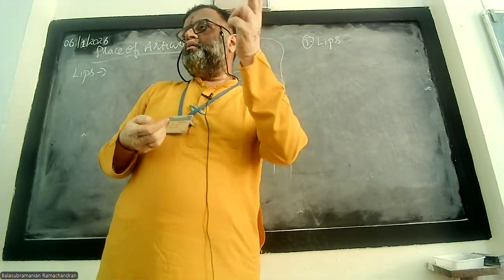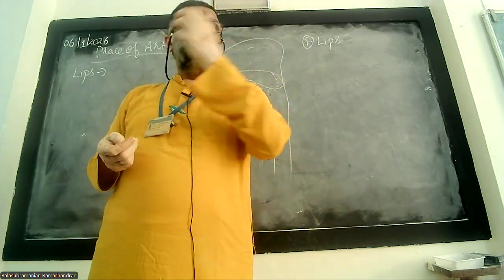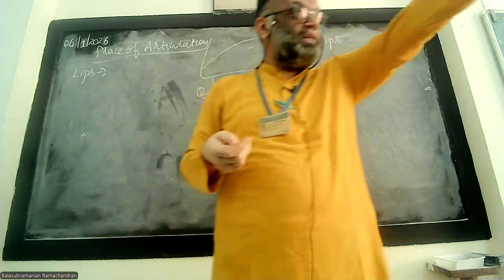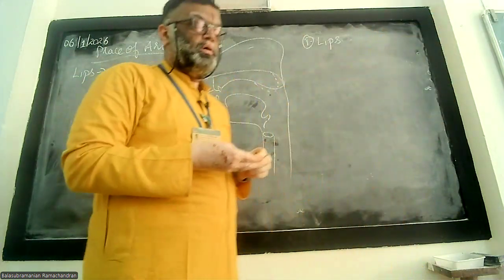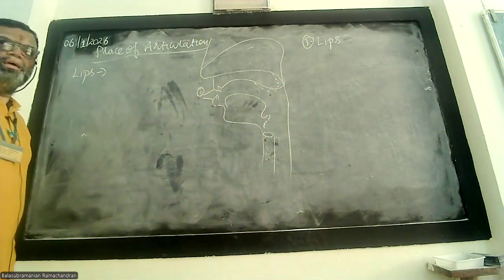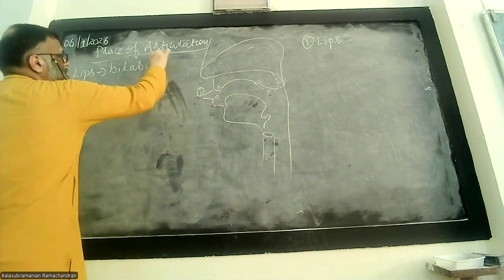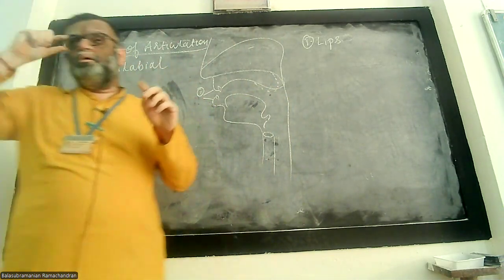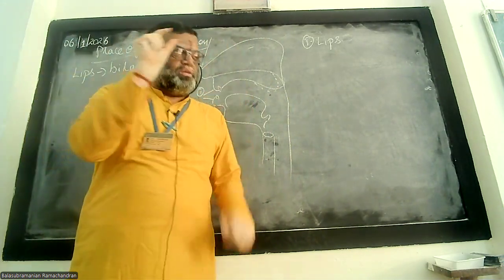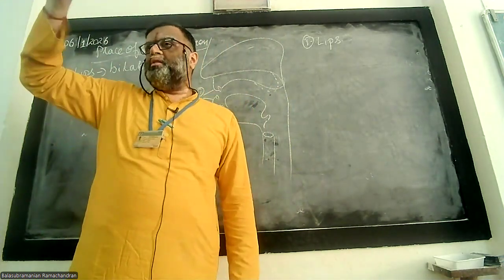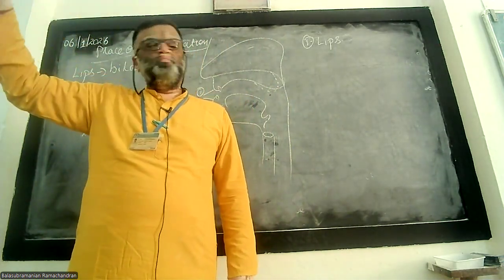One is called what? Two is called what? Very good. Who said that? Good. Okay. So it is not diagonal, it's bilabial. It's bilabial. I'll just give you the terms, just note the terms, then we will give a descriptor for each term.